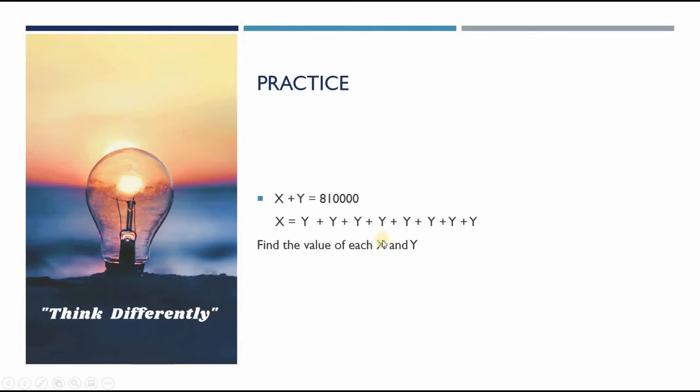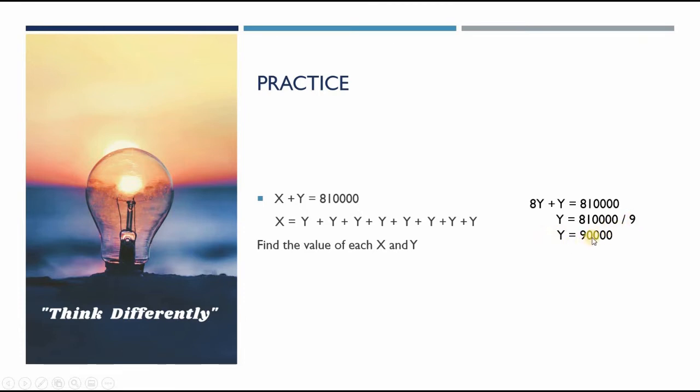So we can use X equal to 8Y and replace it in the first condition. 8Y plus Y is equal to 810,000. 8Y plus Y equals 9Y. So Y is equal to 810,000 divided by 9.